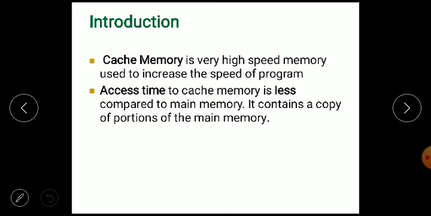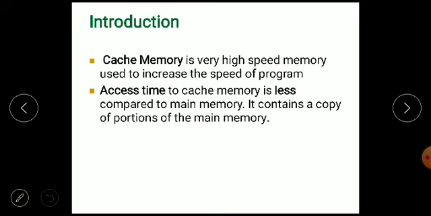Hence, to improve the speed of the system, along with the dynamic memory, that is along with the main memory, they have included a small part of static RAM to increase the speed of the program, to increase the speed of the system.